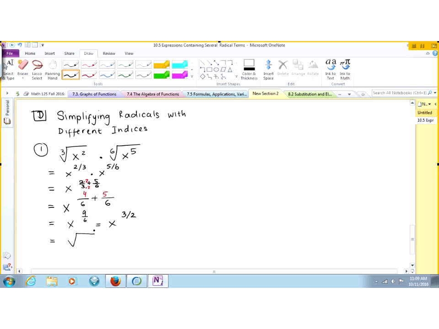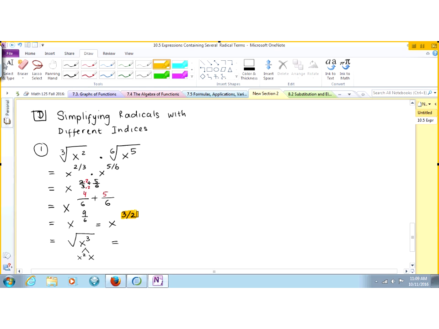Wait, which one is the index here? Square root of x cubed. And then I could factor out. This is more than 1, so actually I have x outside. x squared times x. Yeah.